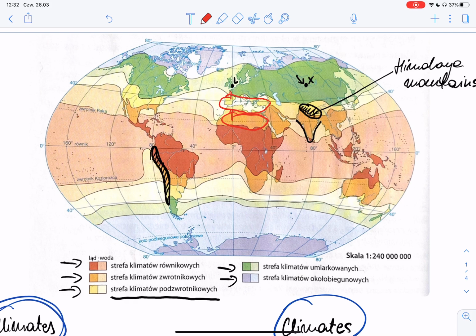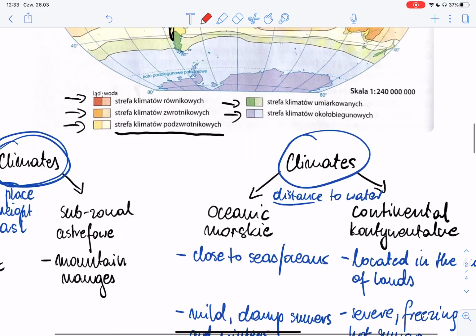Then more to the north, you will see deciduous forests. But if you went from this area, and let's ignore the fact that we have mountains here, then you would see some of the Mediterranean forms of life. And here, what you will notice is steppes.